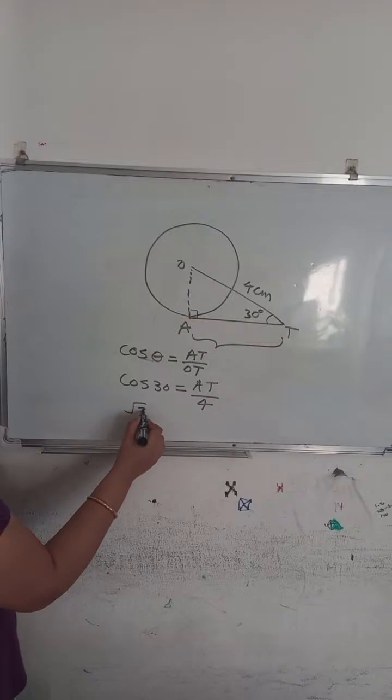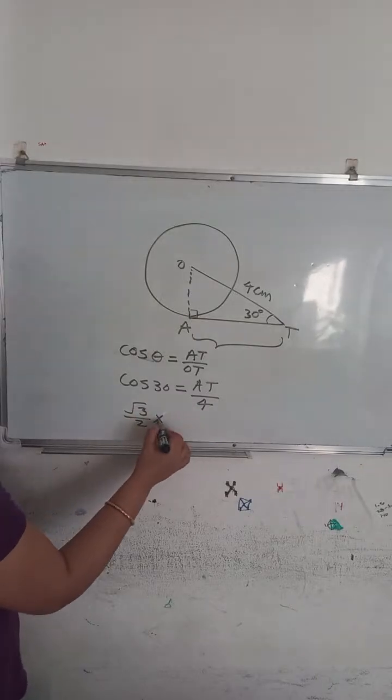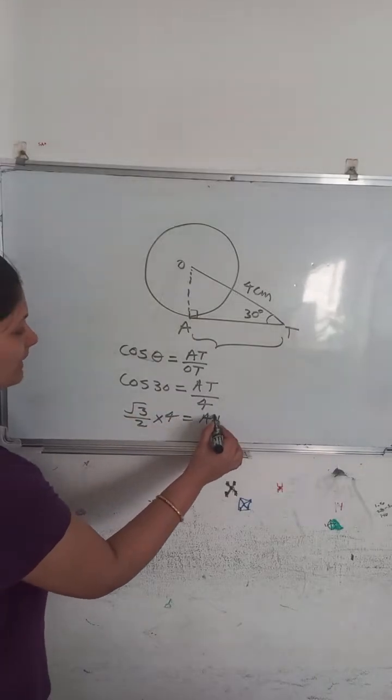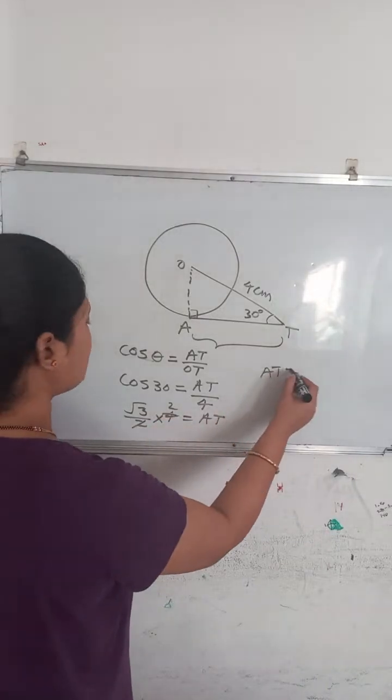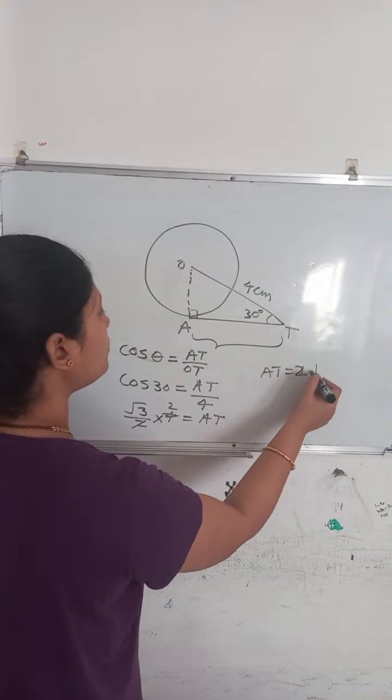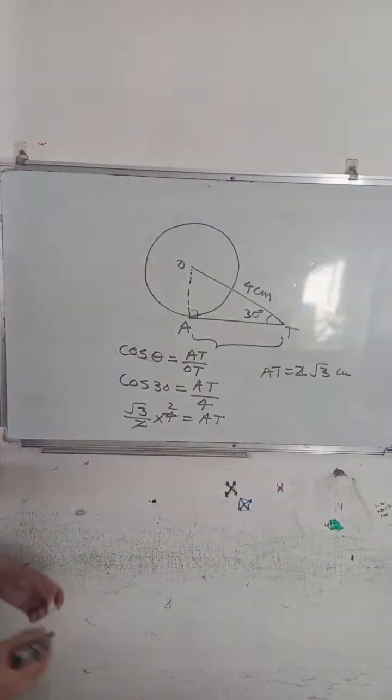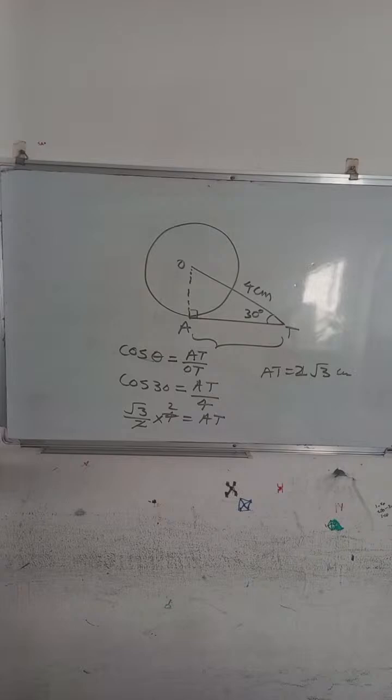Correct? Root 3 by 2, and 4 you can transpose, it gets multiplied, that is AT. 2 2s are 4, so the answer here AT is 2 root 3 centimeter. So check the option which will come. You can decide your preparation from this.